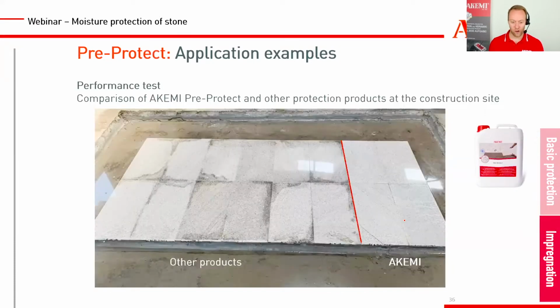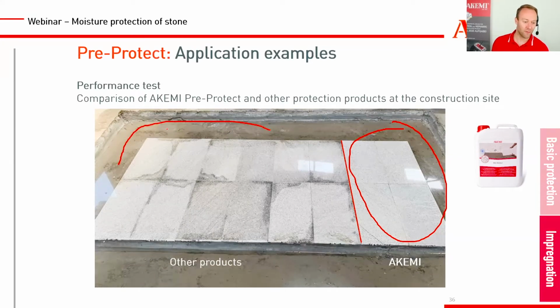We can go even further. This was not done by us. This was done by a client. He has tested several protecting agents, sealers, impregnations, and you can see here, this was the AKEMI product applied, and here different products were applied, and here he made a really worst-case scenario.